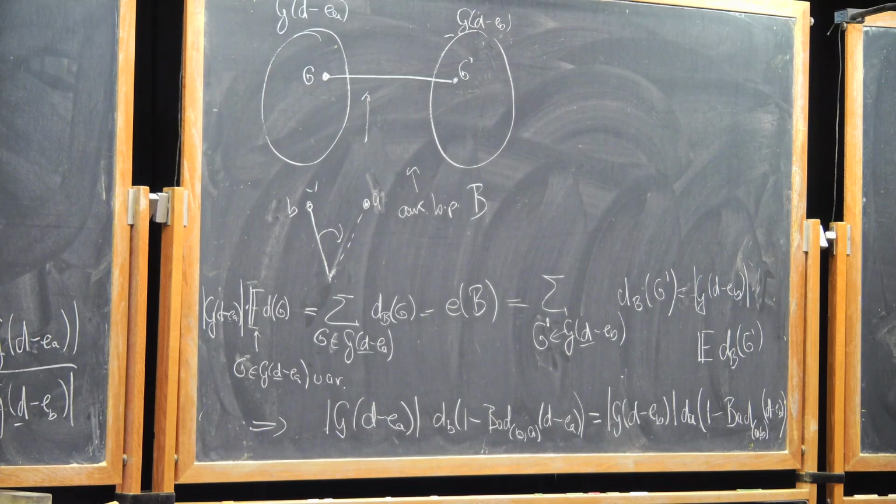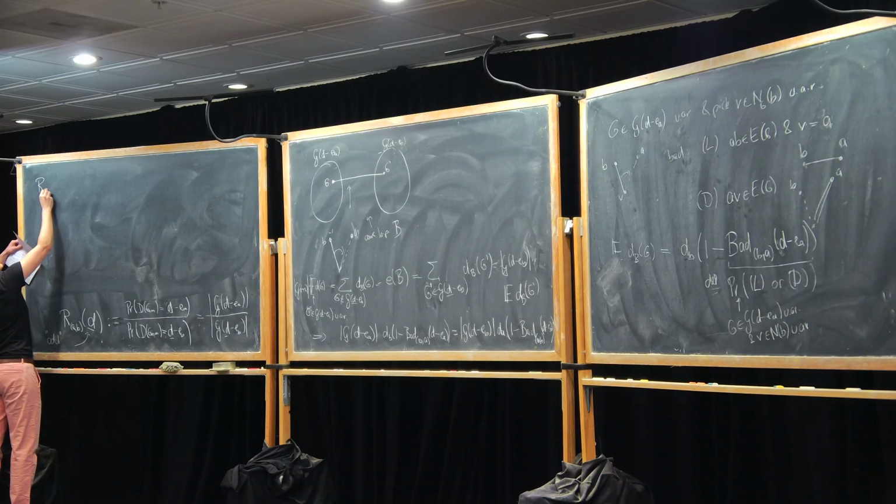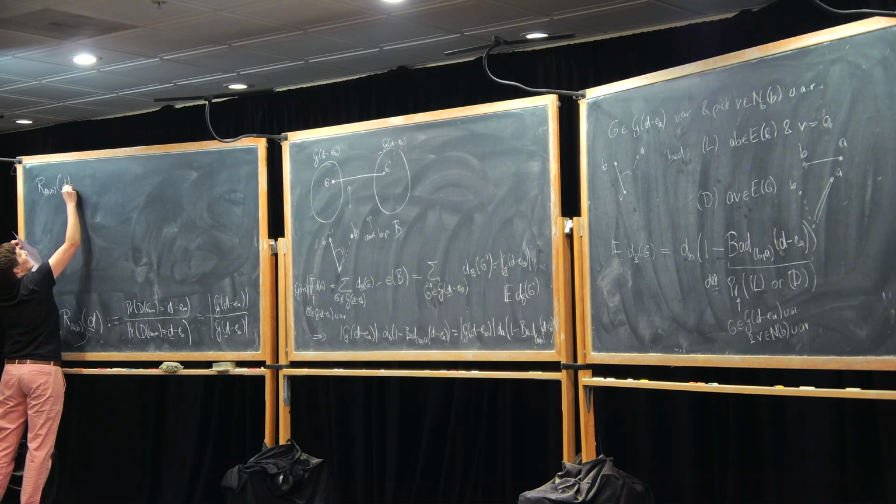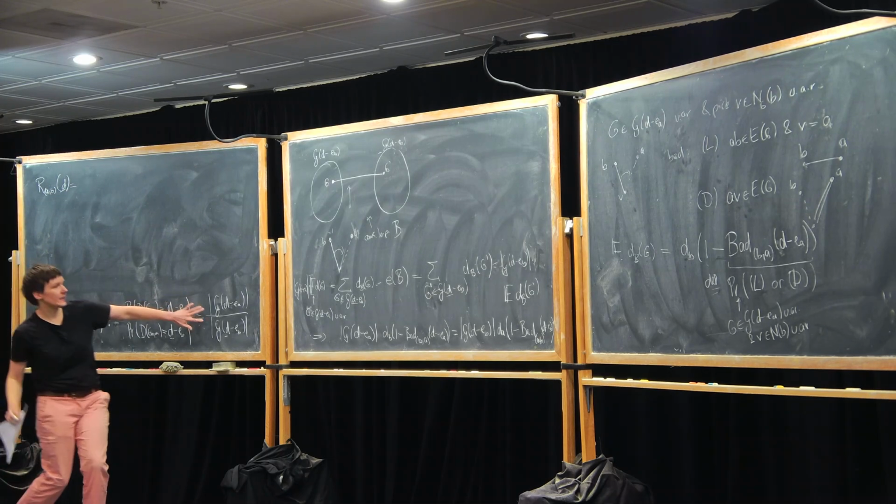So our first formula that we have established with this argument is that RAB of D, the definition is still here.